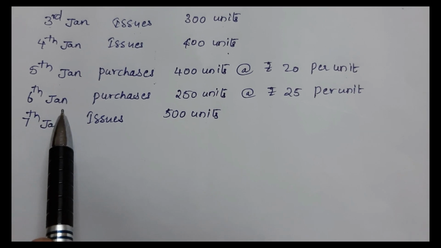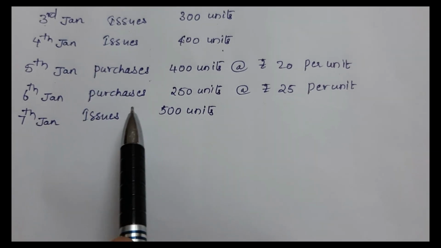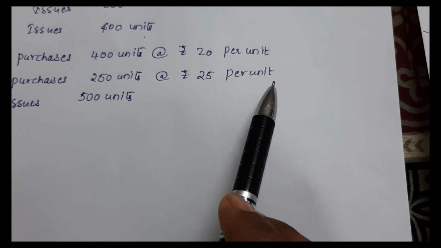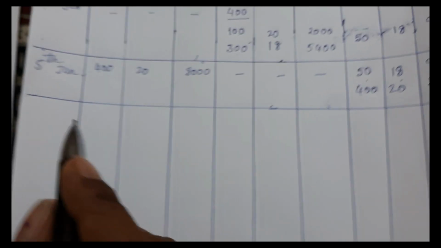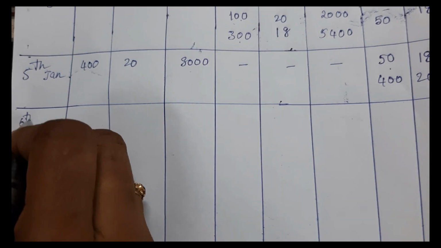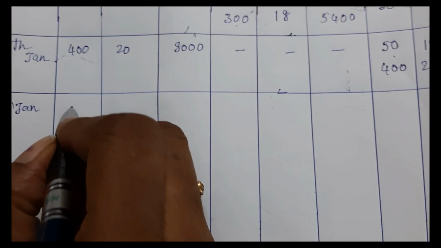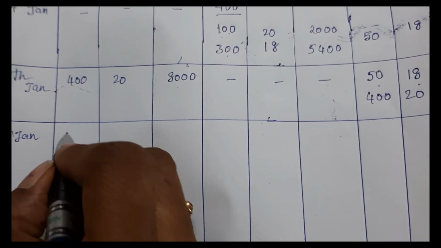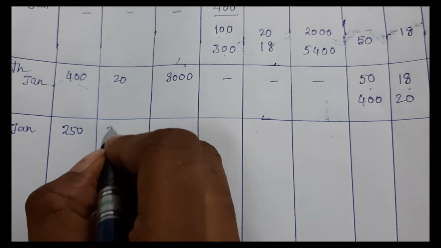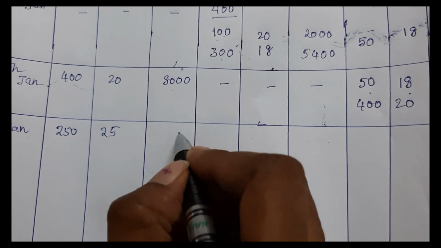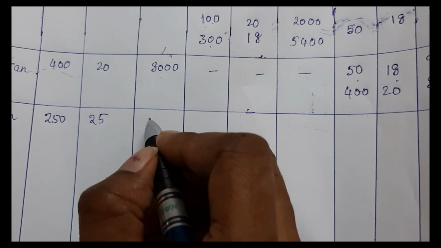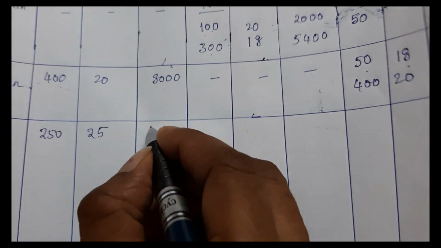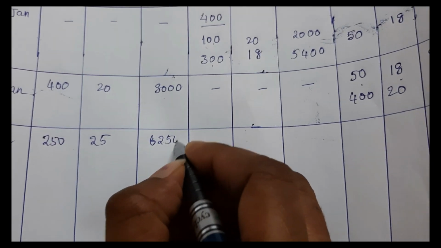Sixth transaction we have on 6th January, purchases 250 units at the rate of rupees 25 per unit. Purchases only, which means that you have to write in receipts column 250 units at the rate of 25. So this will become 6,250.